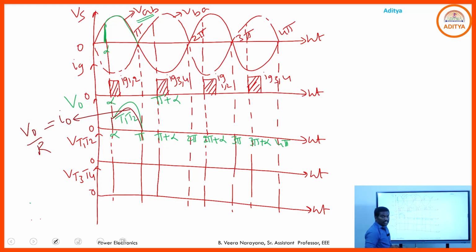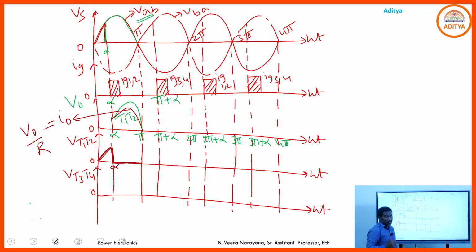So if you draw the voltage across the T1 from 0 to alpha, what is the state of T1, T2? Forward bias. Hence this small portion of the positive voltage will be available across the T1, T2 during 0 to alpha. From alpha to pi, T1, T2 are in the on state, hence there is no voltage across the T1, T2.